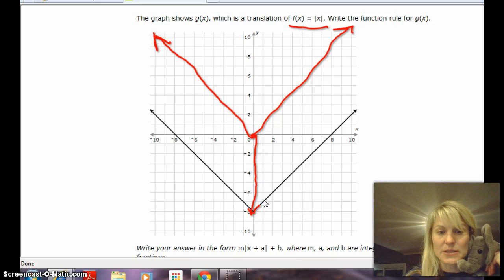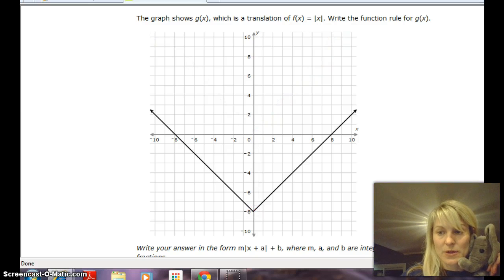So just like we did with the exponential functions, we do the same thing with the absolute value functions. Let's see here. Clear the ink. And we're going to come down here. And so we have absolute value of x, and then we went down 8 units.